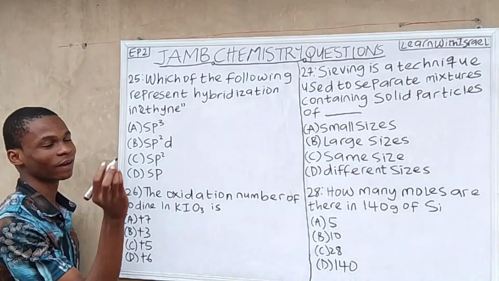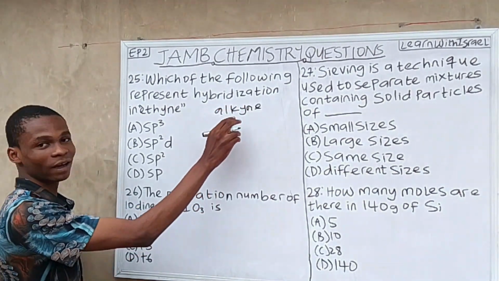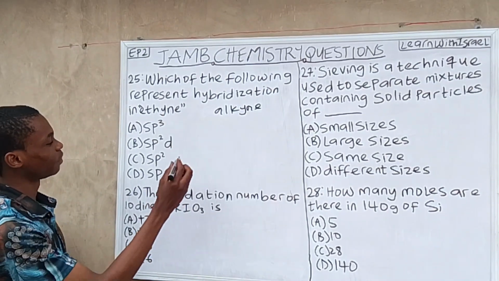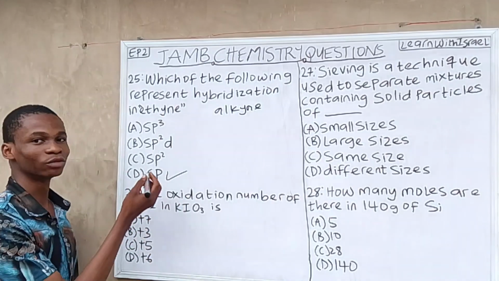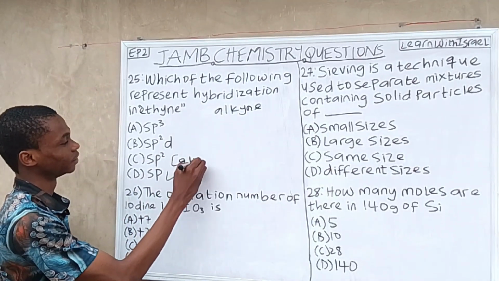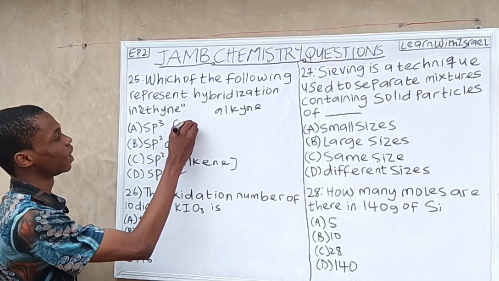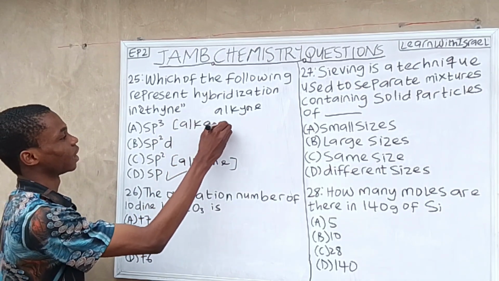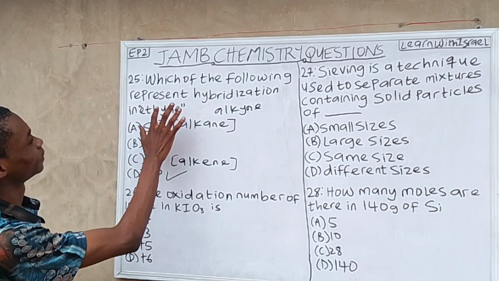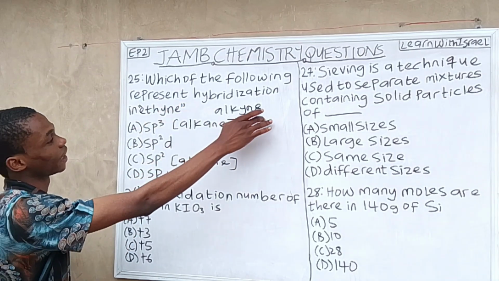So ethyne is classified under alkyne in the homologous series, and it is represented by sp, while sp2 is represented for alkene and sp3 is represented for alkane. So sp represents hybridization in ethyne, which is under alkyne.